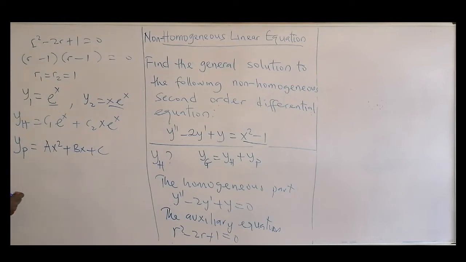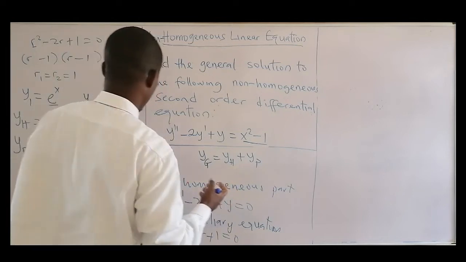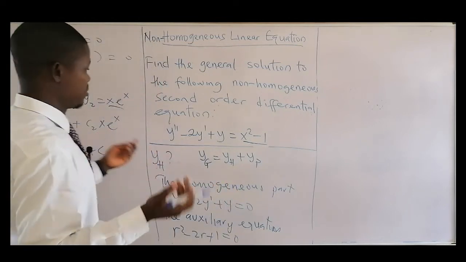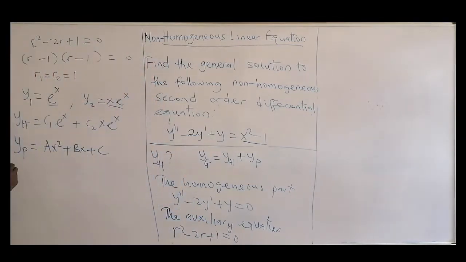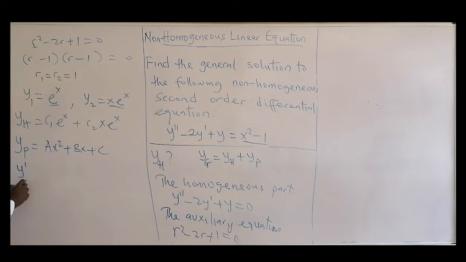So what we now need to do, I want to use undetermined coefficients. Actually, we can use another method, we can use variation of parameters. The choice is ours. Let's get the first derivative of this, which will be equal to 2ax plus b. Get the second derivative of this particular solution, that will be 2a.